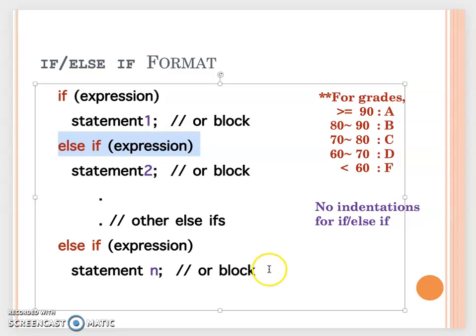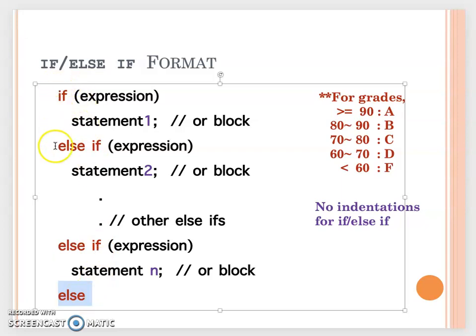Of course, at the end you will have the final else. For example, after greater than 60 you got a D, else, all under 60, we just say F. So you have if, else if, and at the end another else.